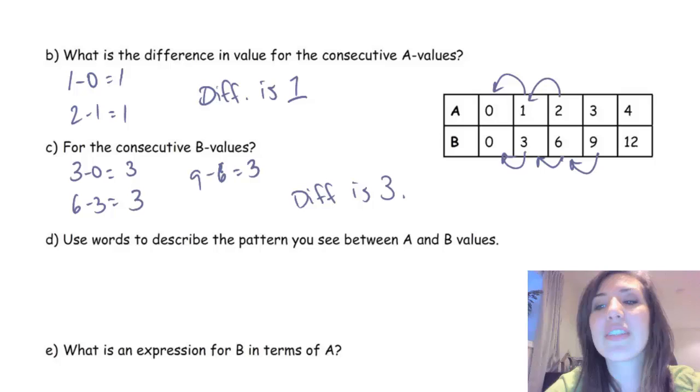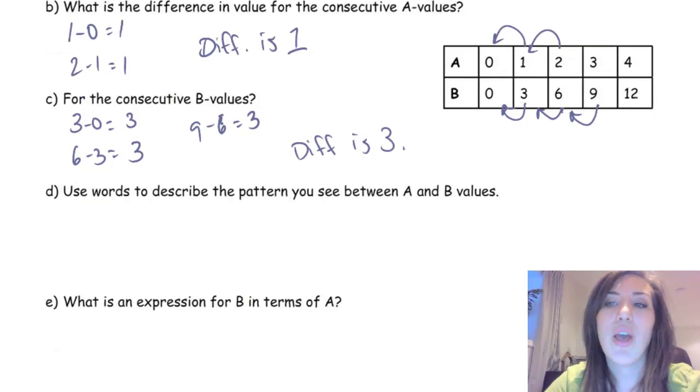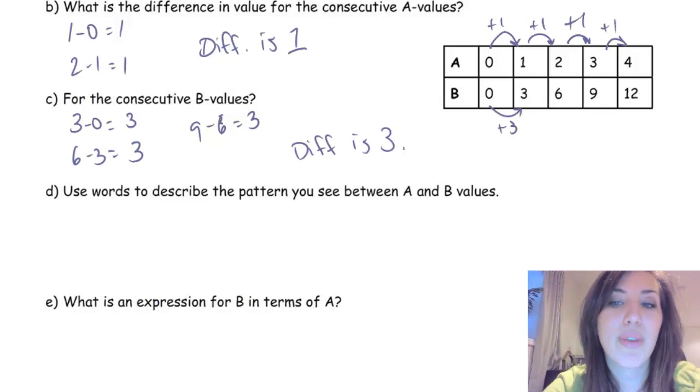Okay, let's use words to describe the pattern that we see between these A and B values. Well, when I look at this chart, I see that the A values are always going up by 1 each time. It's always plus 1, and the B values are always going up by 3 every time. So this one is always plus 3.